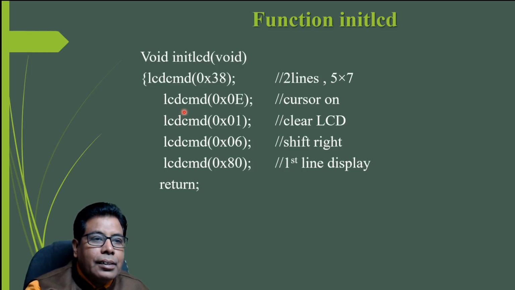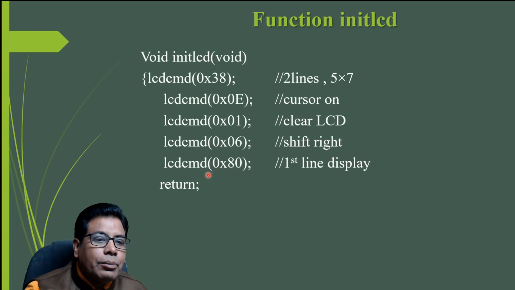Then LCD CMD 0E, that is cursor on display, then LCD on. Then LCD CMD 01, that will clear the LCD display. Then LCD CMD 06, that is for shift right. So one by one it will display the characters: H, then one position shifted, E, then L, then L, and O, like that.